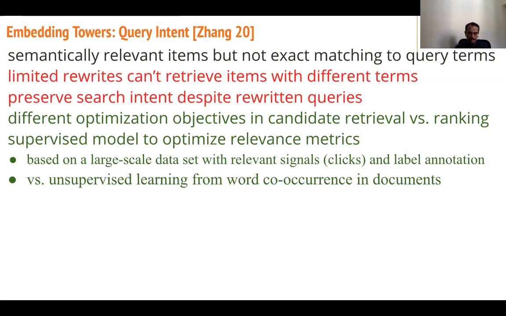Multiple query embeddings can provide rich representation for query intentions and capture different semantic meanings for a polysemous query. An example is apple: fruit or brand. Different popular brands for a product query, for example cell phone. Different products for a brand query, for example Samsung. All these various intents can be captured and modeled using embedding towers.